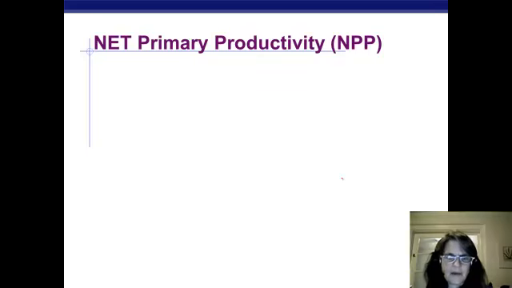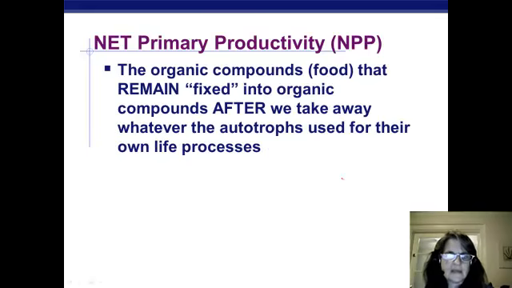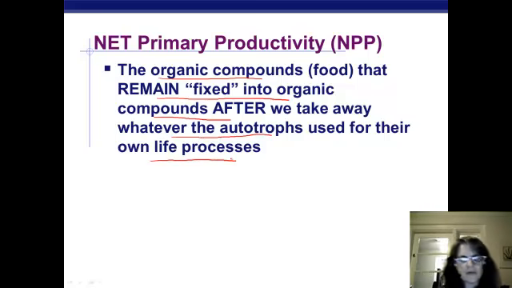Now, net primary productivity is simply talking about the organic compounds that remain fixed into organic compounds after we take away whatever the autotrophs have used. In other words, we're not going to count. When you go to work, and please don't use this in an essay question, they do not care about your paycheck.